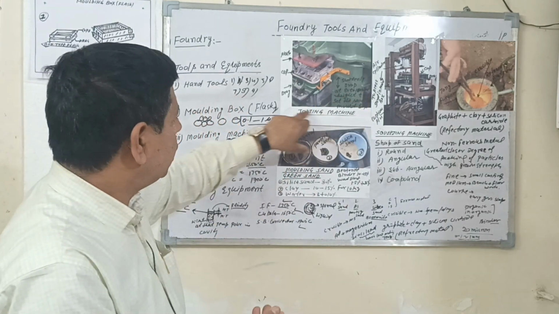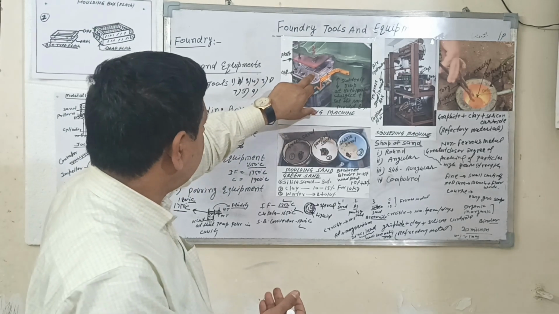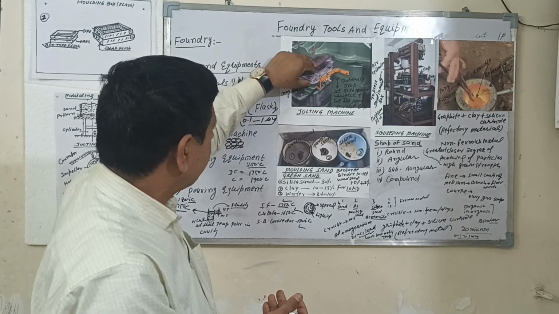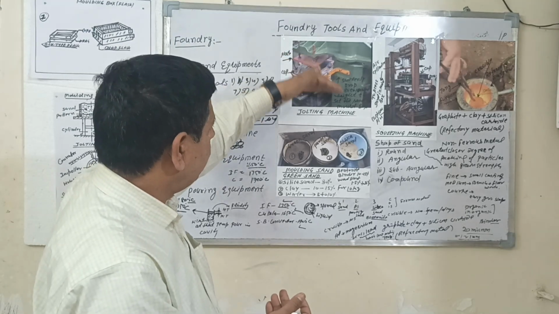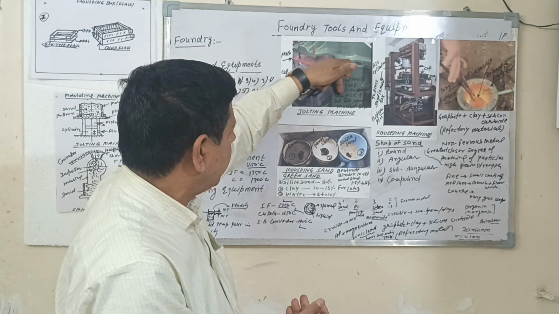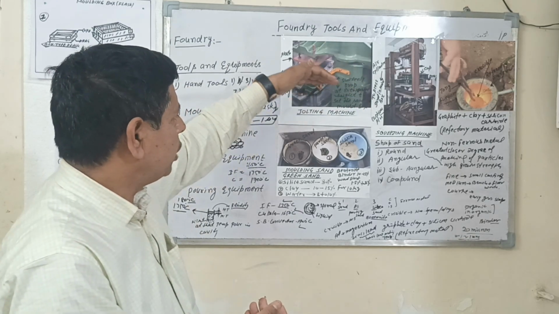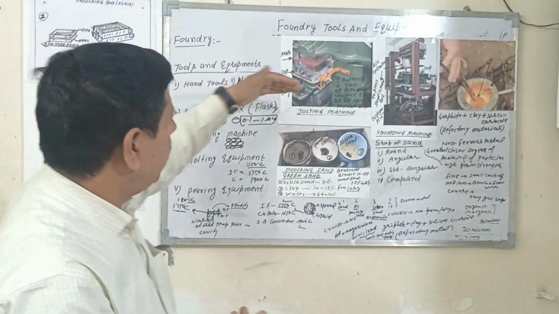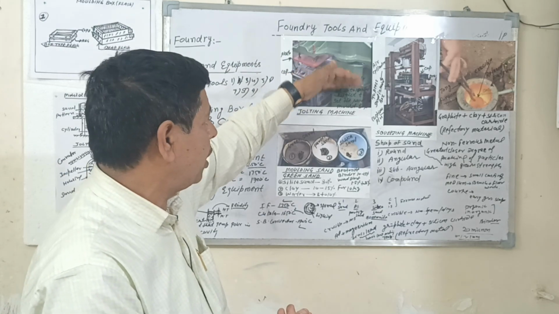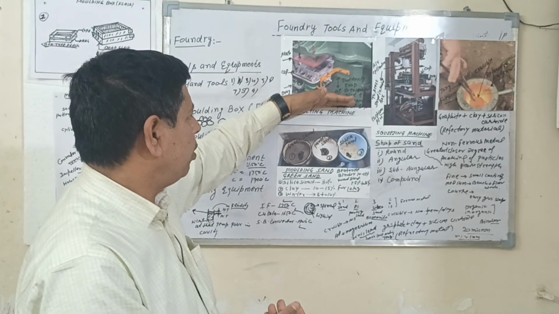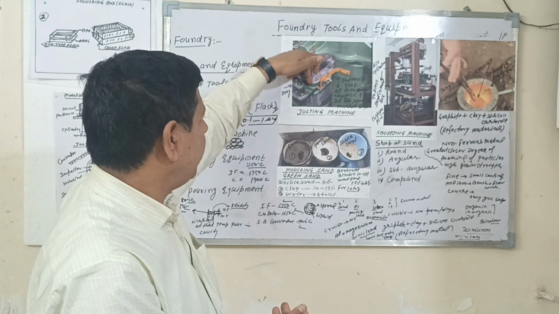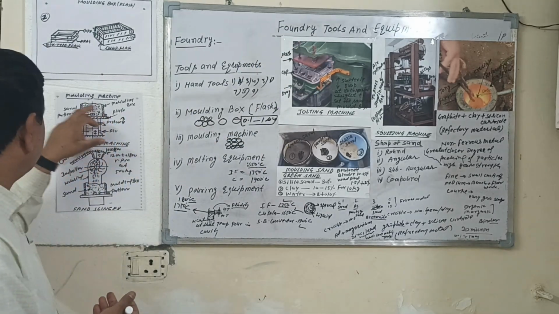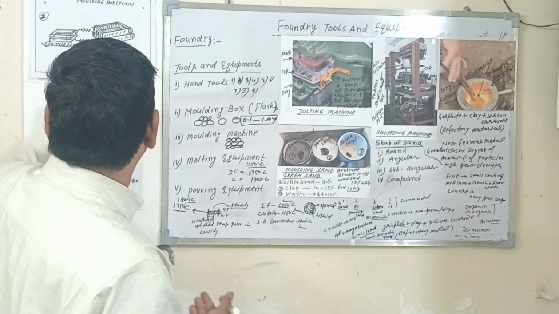This is the jolting machine, operated by air, and the core box drops again and again from a height of 80 to 100 mm to set the sand in this cavity at 500 kg force. Due to the 500 kg force applied here, the sand is settled or packed in the molding box.